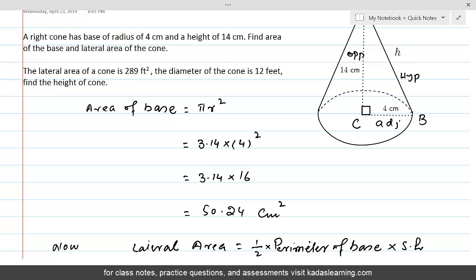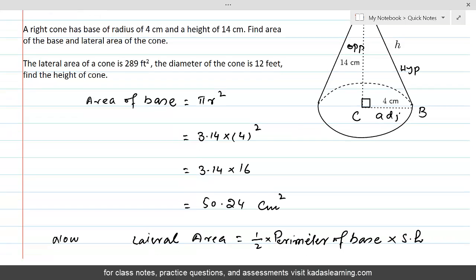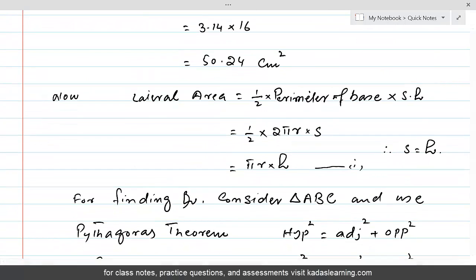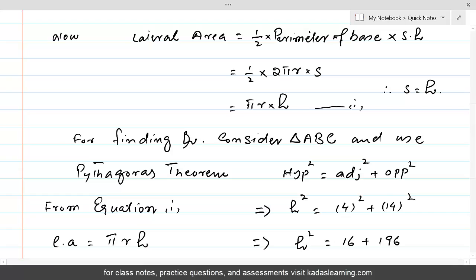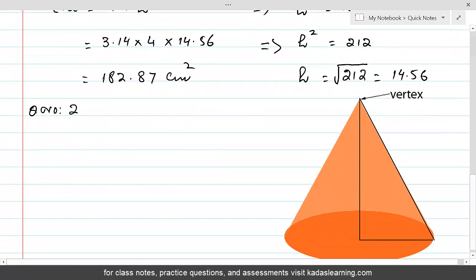Find the height of the cone. So now we know the lateral area and we know the diameter. From the diameter we can certainly find out the radius, because the radius can be obtained by dividing the diameter by 2. So radius is equal to 6 feet.